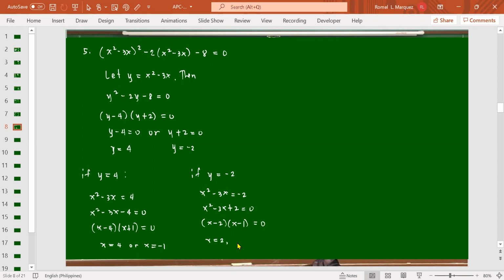Equating its factors to 0, we have x equals 2 or x equals 1. So there are 4 roots. What are the solutions? 4, negative 1, 2, 1. Or the solution set is given by this, no? Containing 4, negative 1, 2, 1. Okay, that's it.